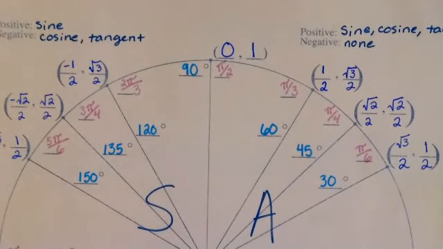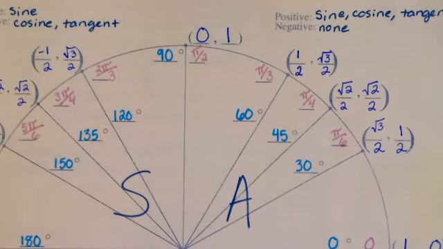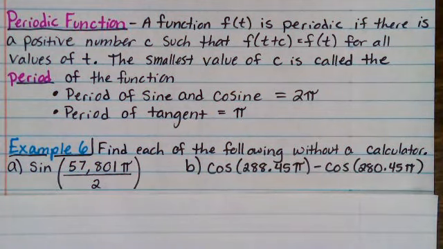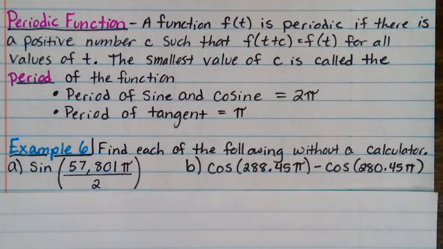So the period is the even interval after which it starts to repeat over and over. Every single 2 pi radians, it's going to repeat. That's why the period of sine and cosine is 2 pi, because both of those repeat every single 2 pi.